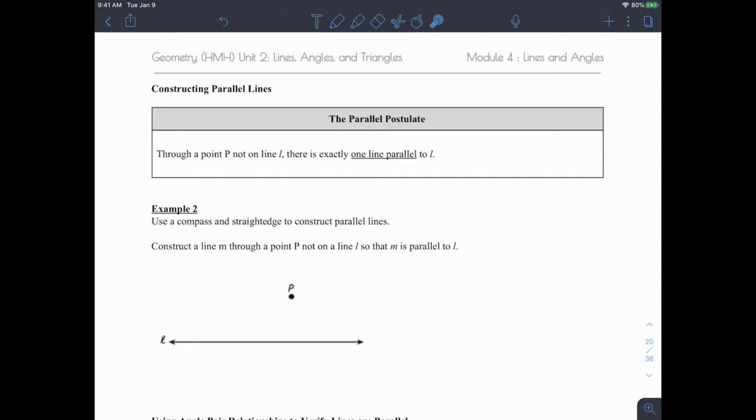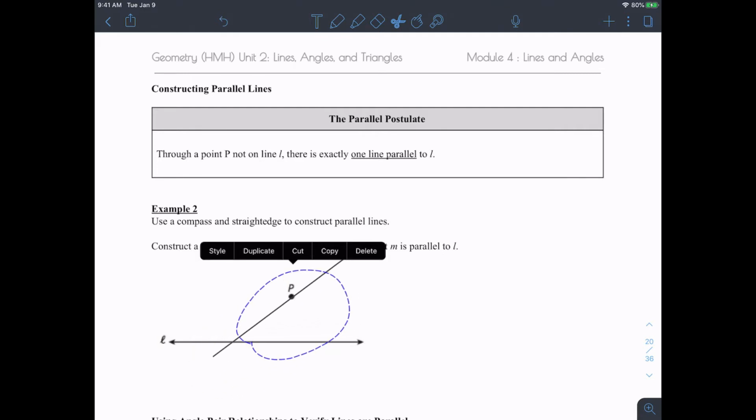Well, if you had a compass, this is what you would do. So if you have a compass with you, try to follow along with my verbal direction. Draw a line that goes through here, anywhere you like is fine with me, okay? But make sure that it goes through that. Now, this is what you do, okay?